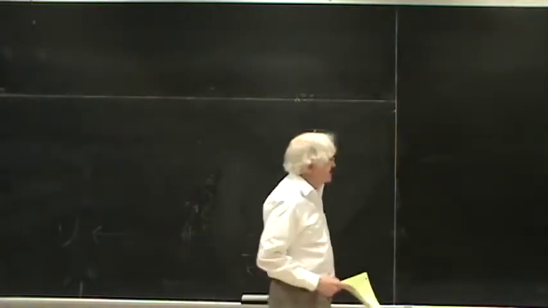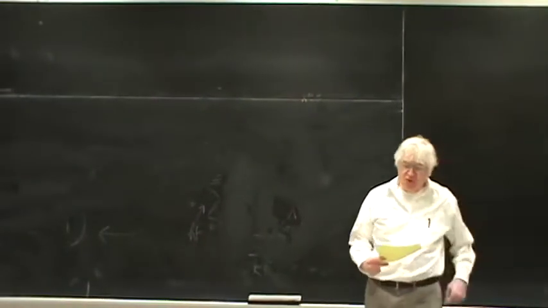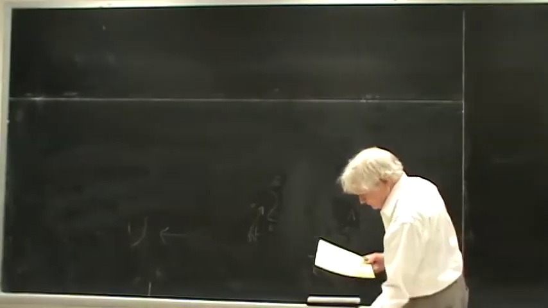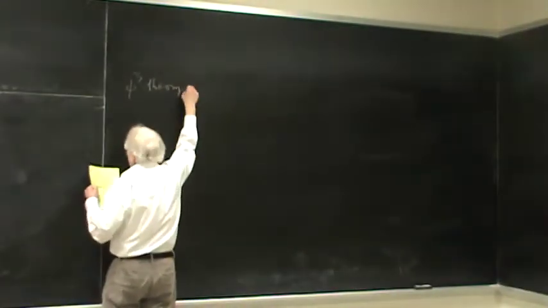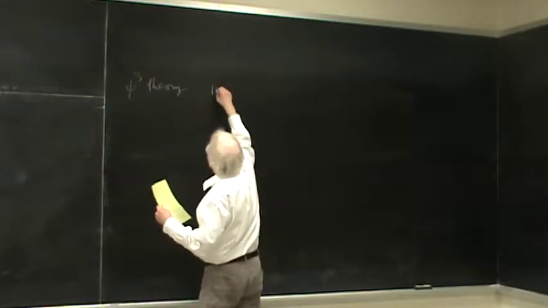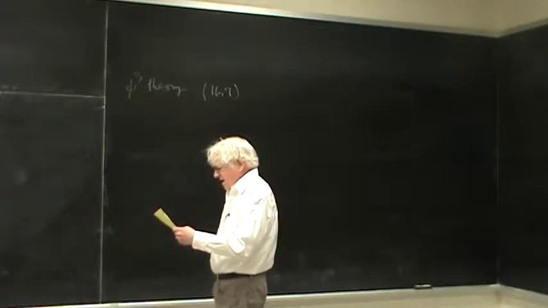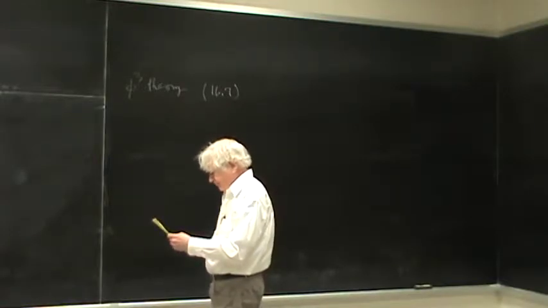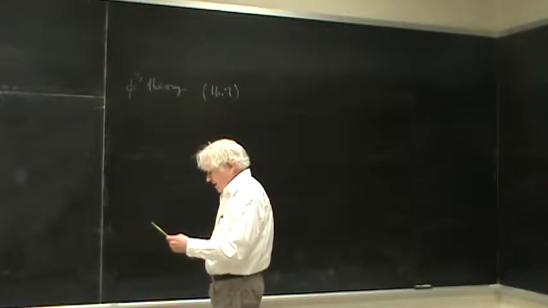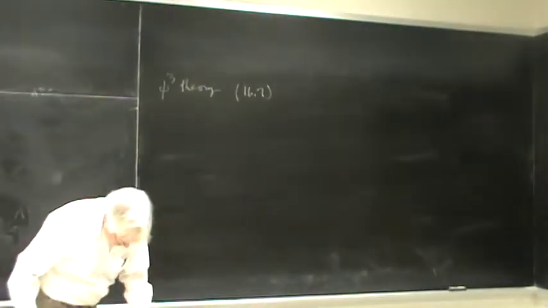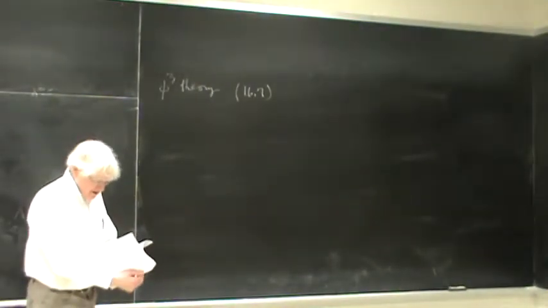To illustrate this in a simple context, I want to go back to the phi cube theory and go to Schwarz's equation 16.7. I'll write it down.